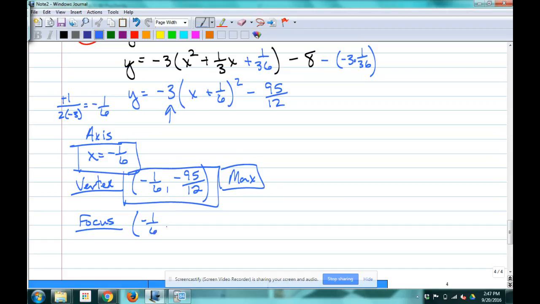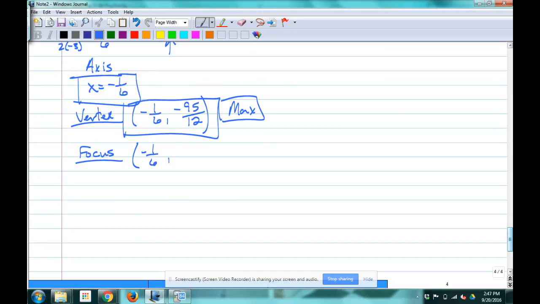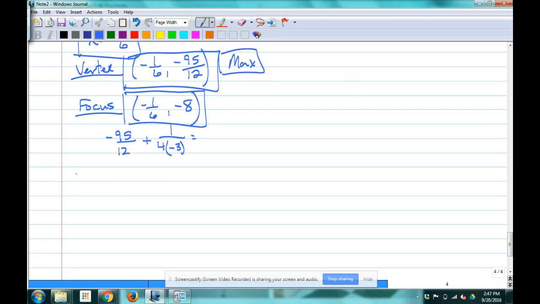Negative 1/6. And then I need to take negative 95 over 12 plus 1 over 4 times negative 3, which would be negative 1/12. And so that'd be negative 96 over 12, which is negative 8. That's nice. And then our directrix.